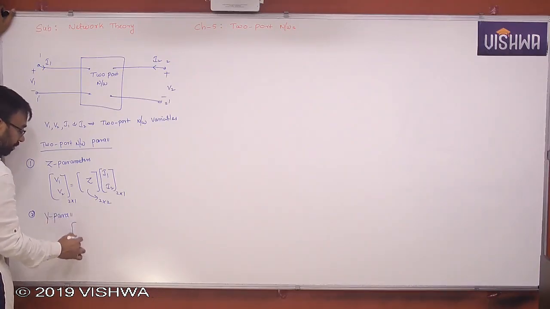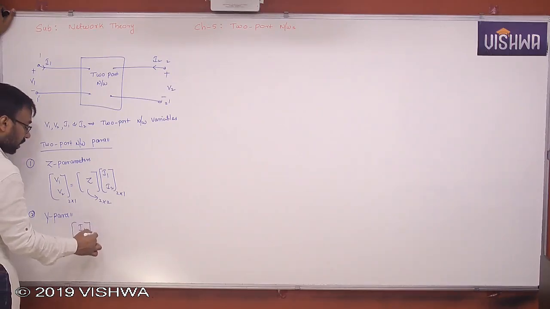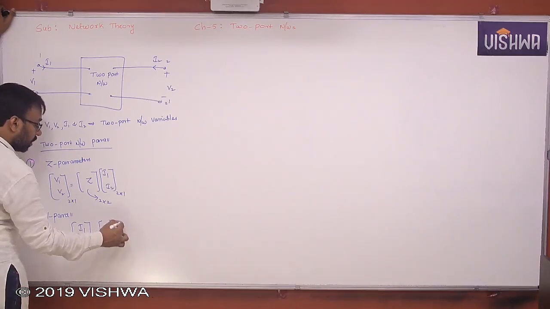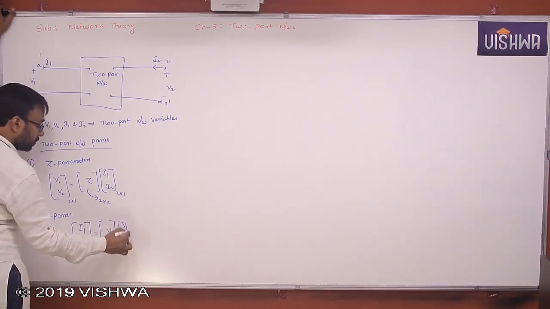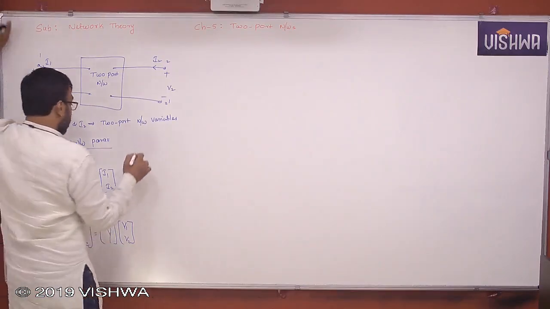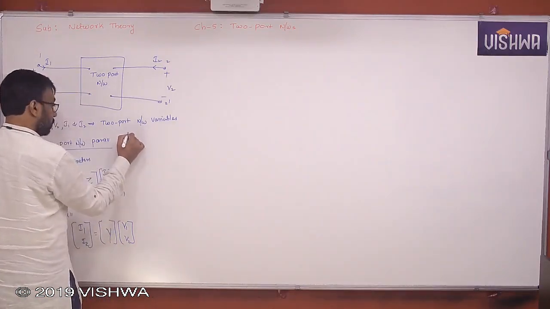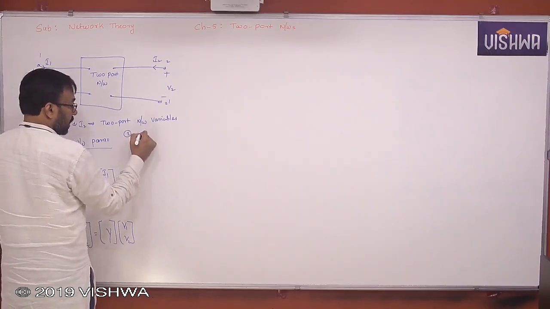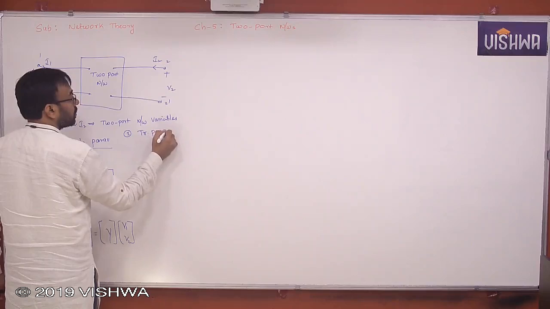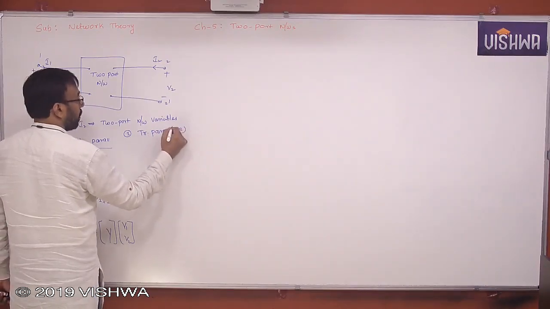Similarly, Y parameters. You will have I1, I2 equal to the Y matrix times V1, V2. This is also 2 by 1, 2 by 1, and a 2 by 2 matrix. Next, the third one is transmission parameters, or else ABCD parameters.